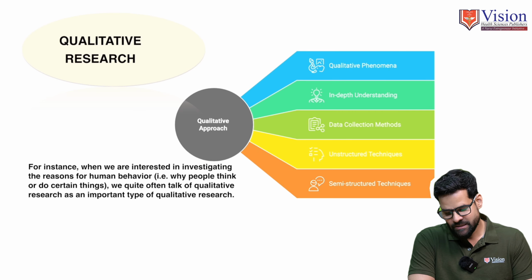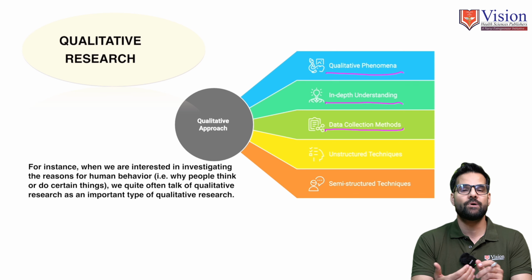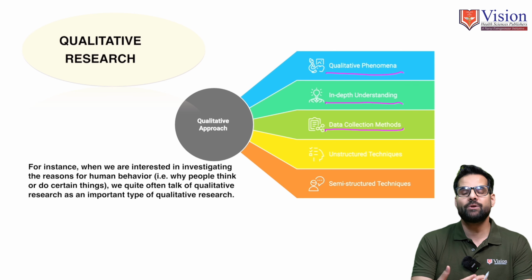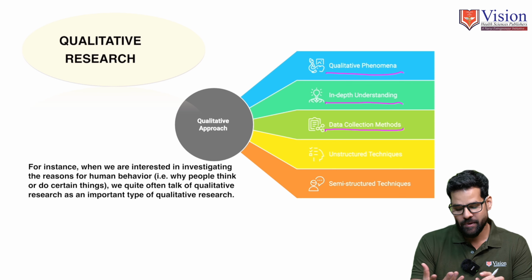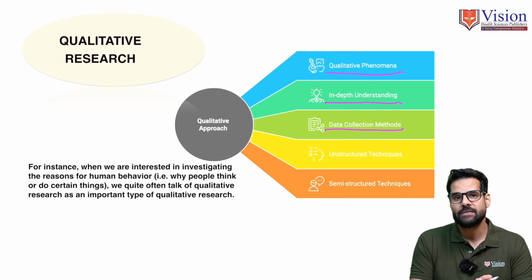So in qualitative research, we have qualitative phenomena, in-depth understanding, and data collection methods. As I told you, they have a very flexible approach. Whenever you want to study something in depth, you cannot go with a pre-planned design. Sometimes you have to change your plan accordingly. Let me give an example. Suppose you decided to interview somebody by asking 6 or 7 questions that you expect to complete in 5 to 10 minutes. But as you start the conversation with the patient or person, he provides you more information.